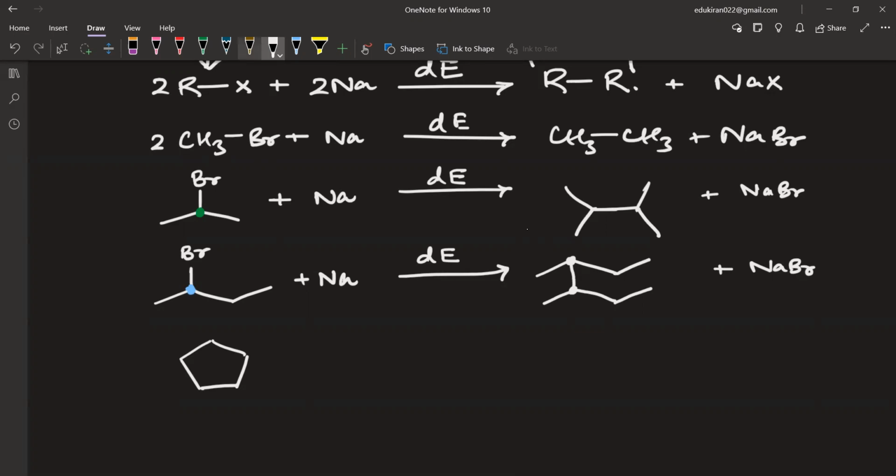Okay. Similarly, if you have something like this, just say Cl here plus sodium, in the presence of dry ether. Try the product, all of you.